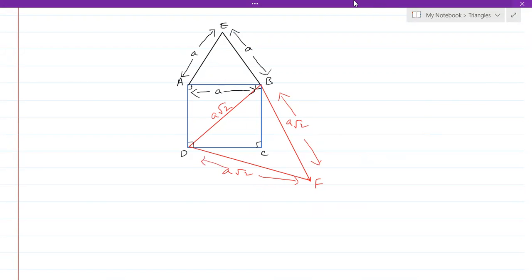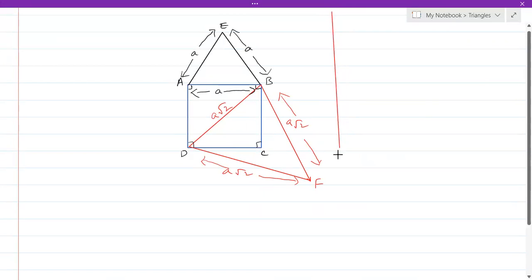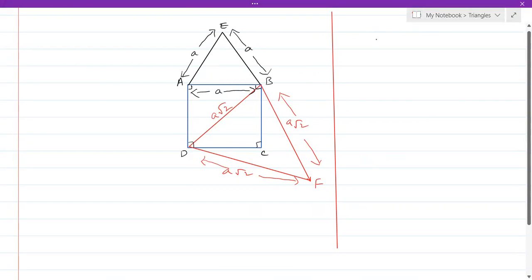Now the interesting task is we have to compare the areas of the equilateral triangles.